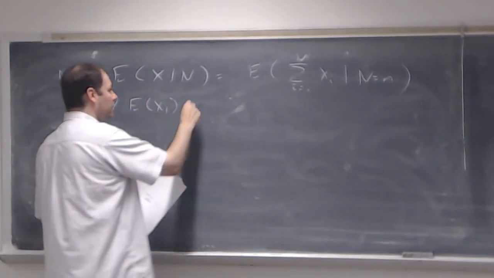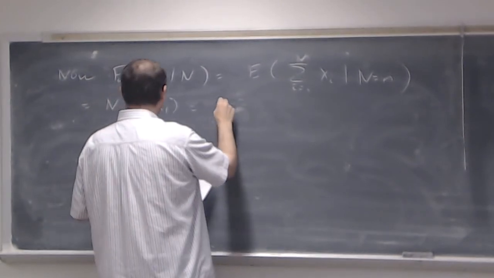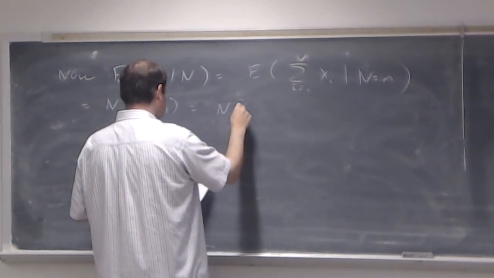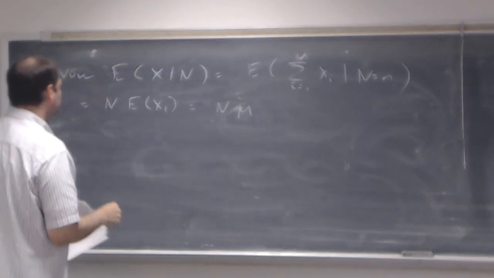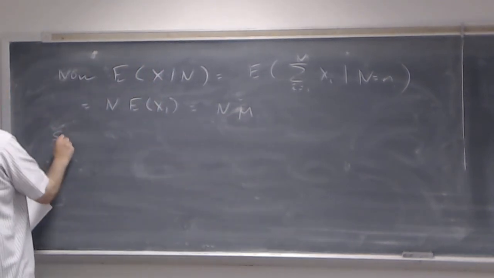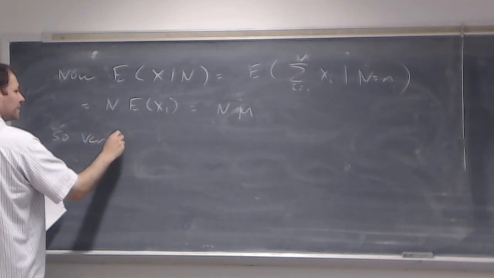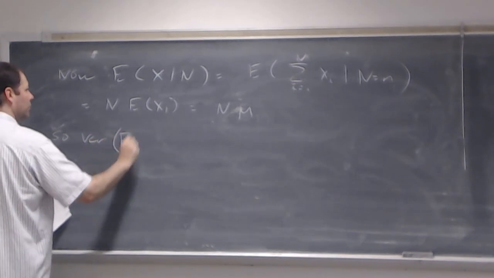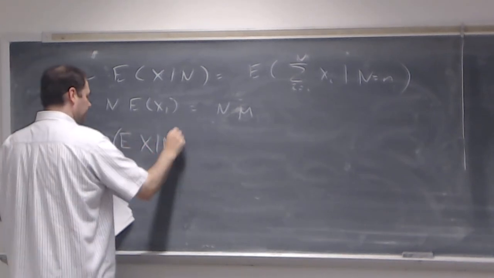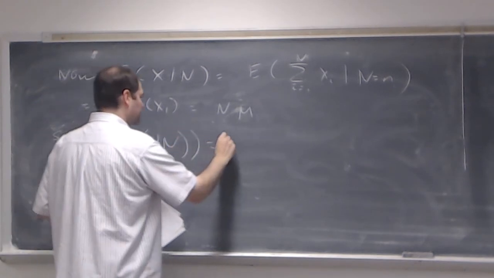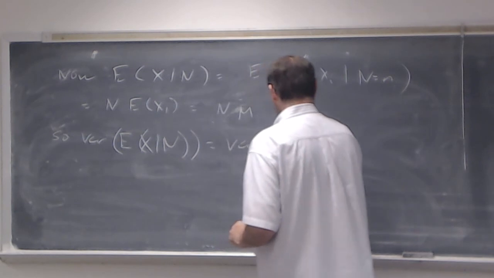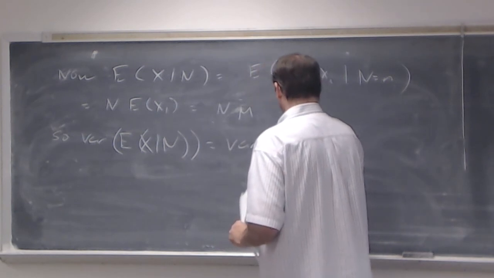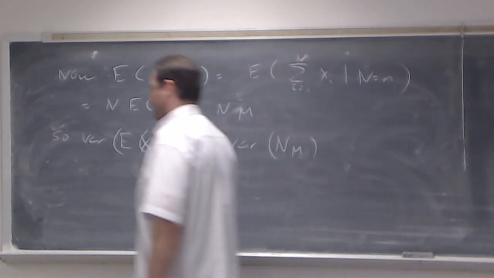We did that before. Which equals n times mu. So I need to take the variance of this. So the variance of the expected value of X given n is equal to the variance of n times mu. And let me work with that just for a second.